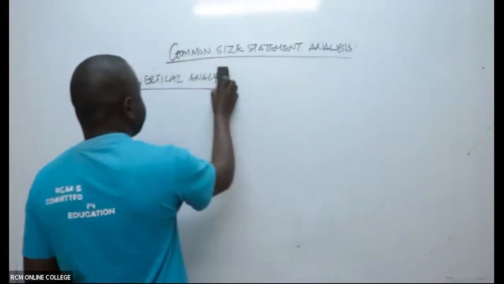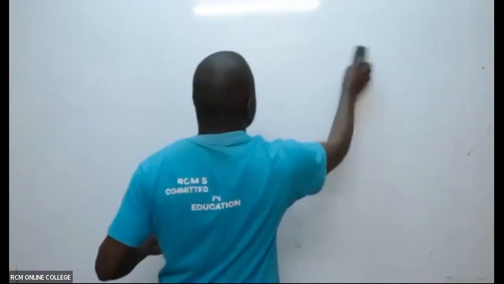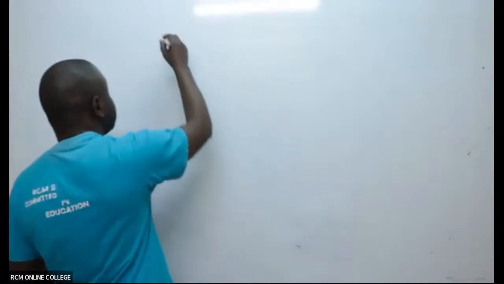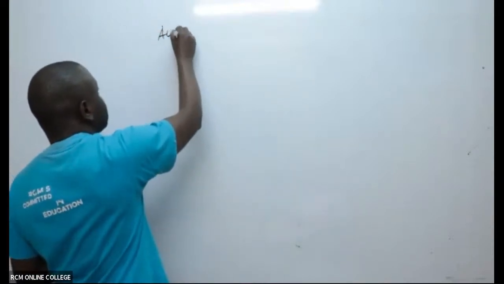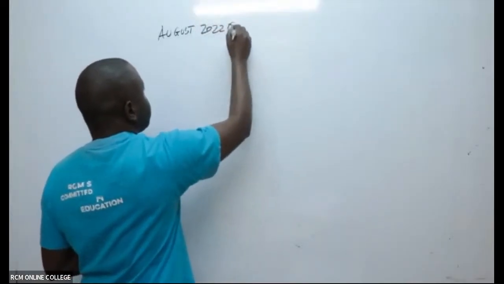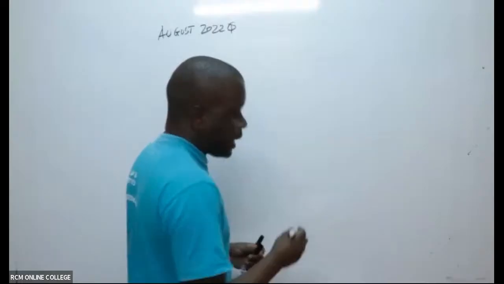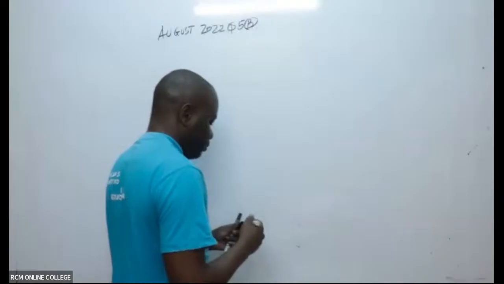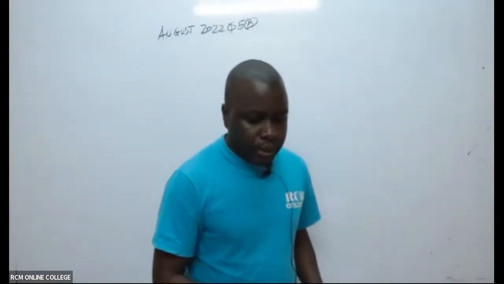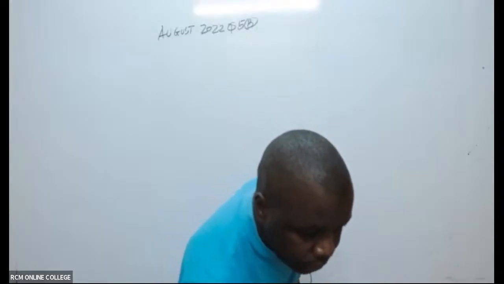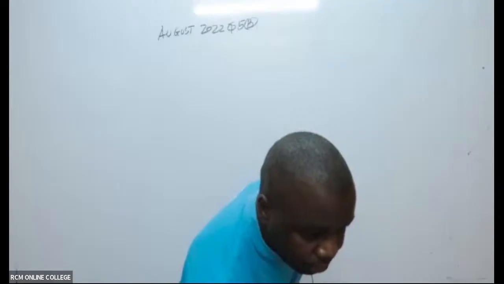So it is August 2022, question number 5B. So I don't know whether you've been able to access it. Just confirm, because I've shared the past paper on the group there. So just confirm whether you can access it.